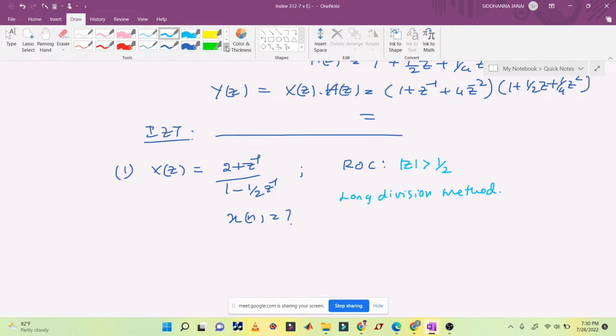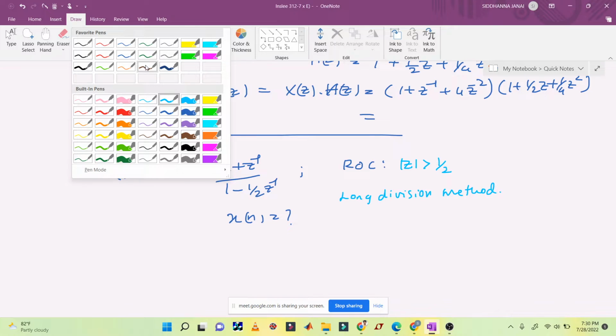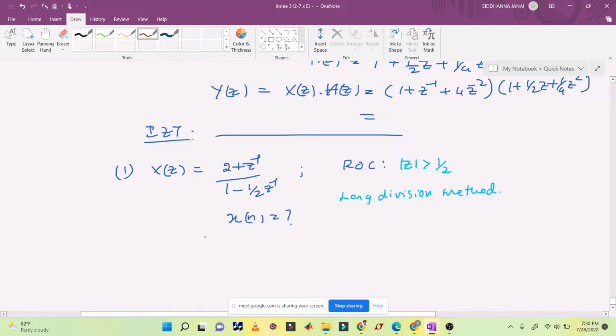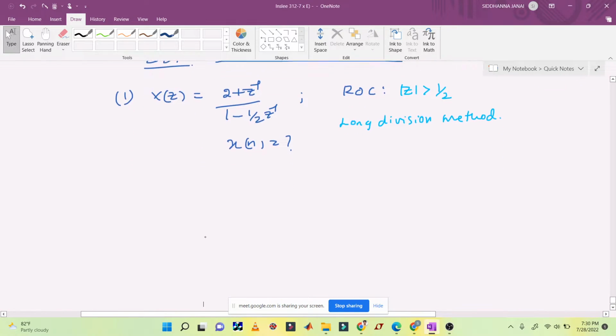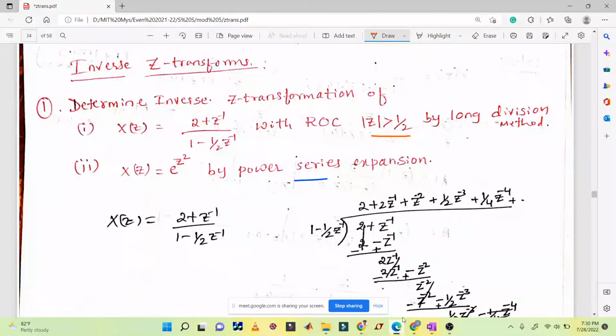I hope you all have learnt this, but for solving this problem we are going to take the long division method, where you have numerator and denominator.